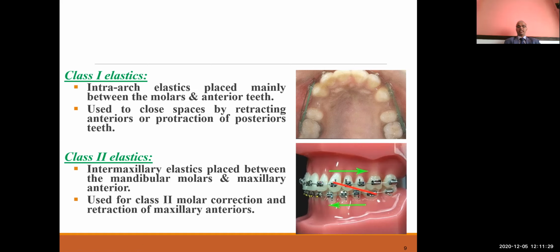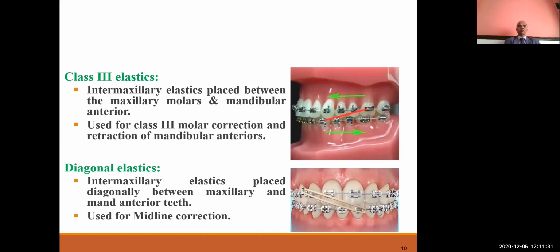So it helps in correction of class 2 malocclusion. Next is class 3 elastics. These are also intermaxillary elastics placed between the upper molars and lower anteriors. These are used for class 3 molar correction and retraction of mandibular anteriors. Since these are used for class 3 correction, they are called class 3 elastics.